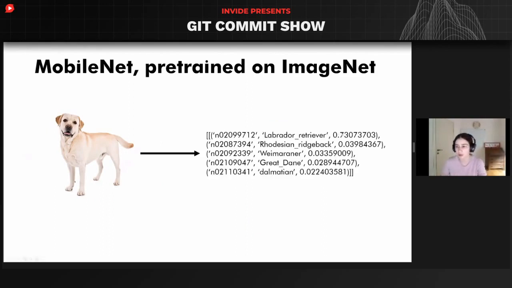So maybe 73% it's a Labrador Retriever, and 4% it's a Rhodesian Ridgeback, and so on. So it's this huge set of categories. Now, this set of categories doesn't tell me much about whether it is a large dog or a small dog. So what I may want to do is to gather a data set.